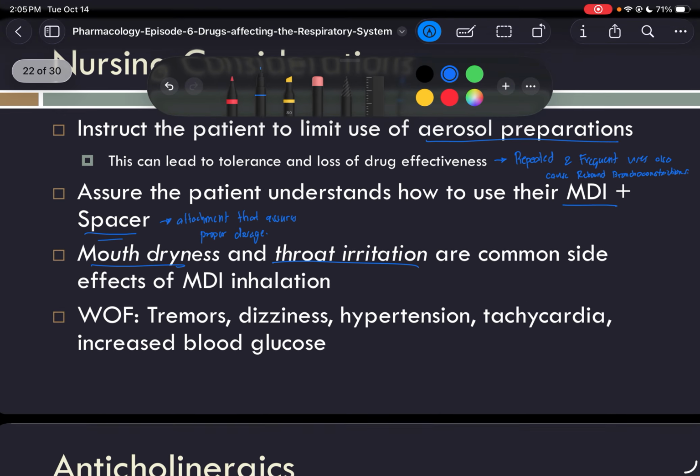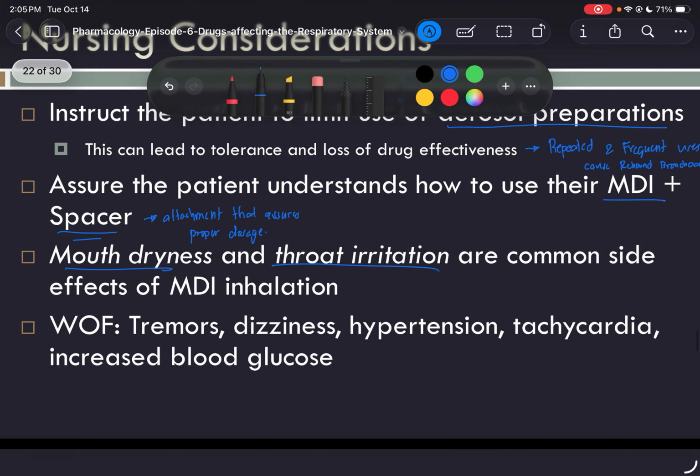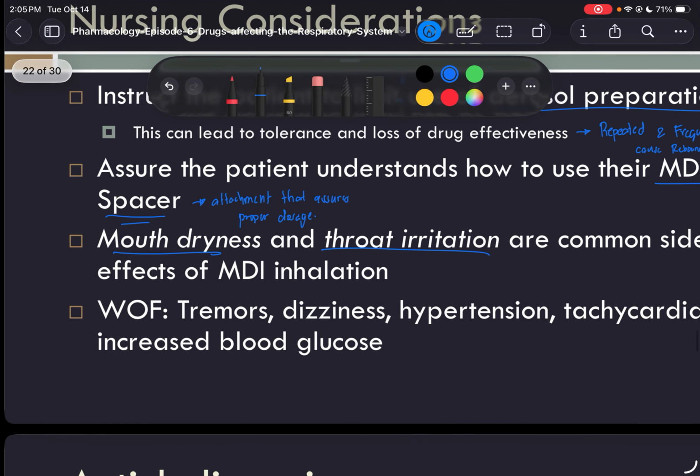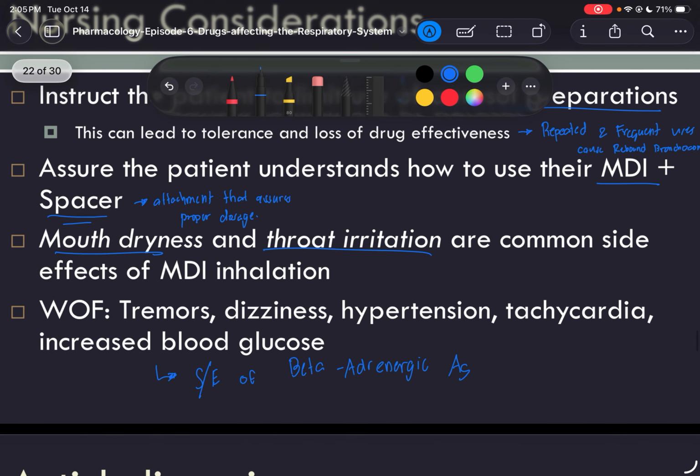You also need to watch out for tremors, dizziness, hypertension, tachycardia, and increased blood glucose. These are, as I mentioned before, side effects of our beta adrenergic agonist.